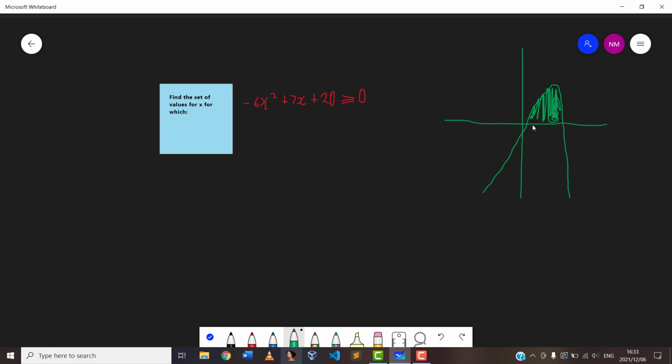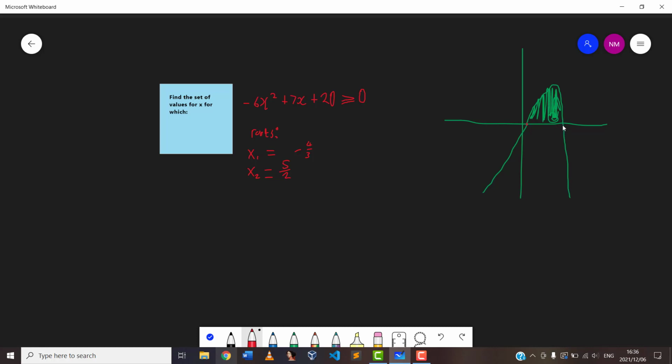So the first step would be to find the critical points or the roots using something like the quadratic equation. Cool, so these are the roots, and it turns out I did completely draw it wrong. This should be shifted a bit more to the left because one of the roots is in the negative plane, but whatever. This is just so we can get an idea of what's happening. So now we want the x values bound between these two critical points because we're looking for this region over here.